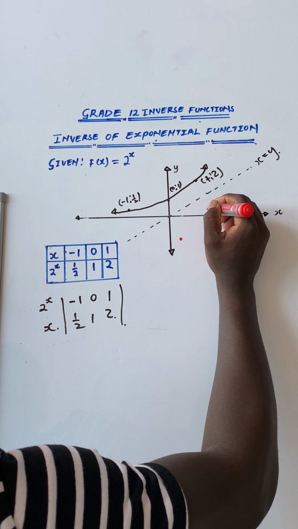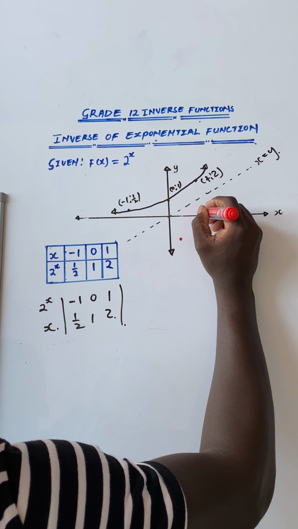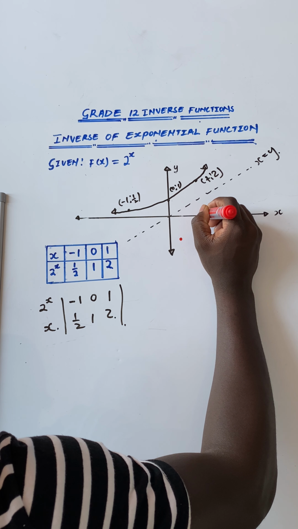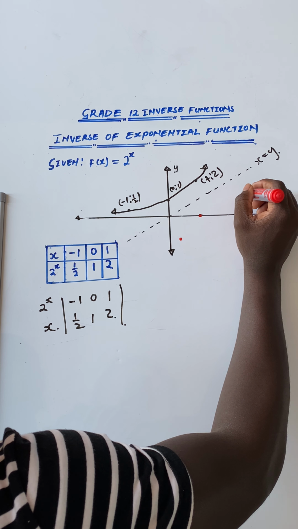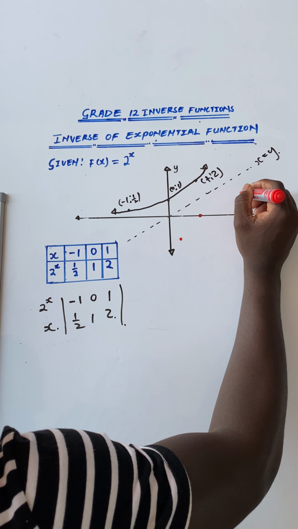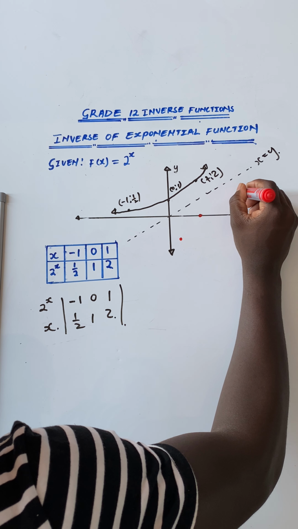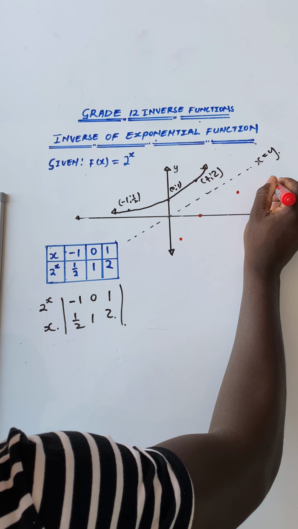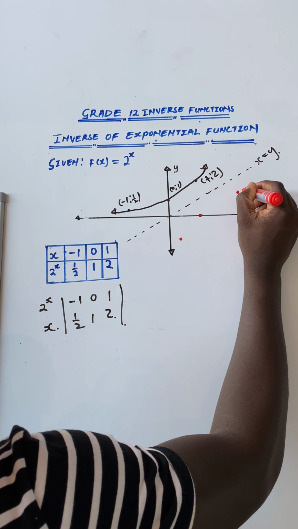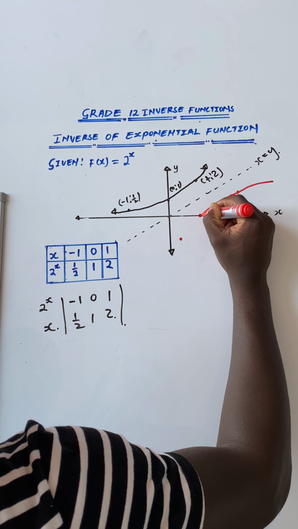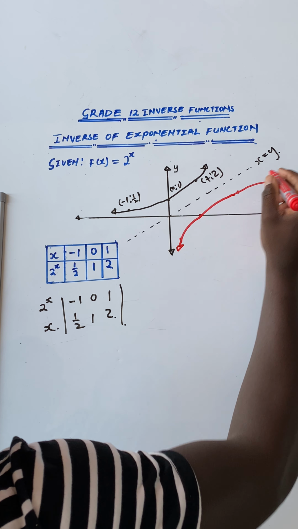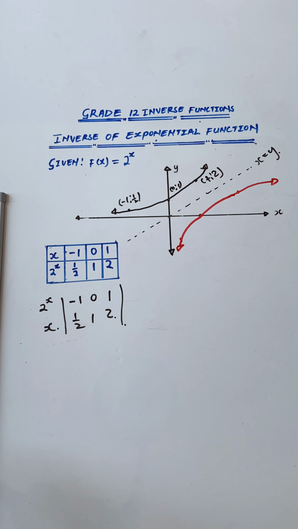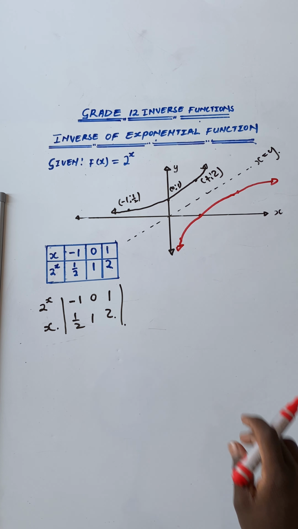Then 1 is to 0 will be somewhere there. The last one would be 2 is to 1, which we can find there. If we draw the graph here, you can see that it's taking this shape. Please bear with me, my shapes here. Okay, so now this is the function here.